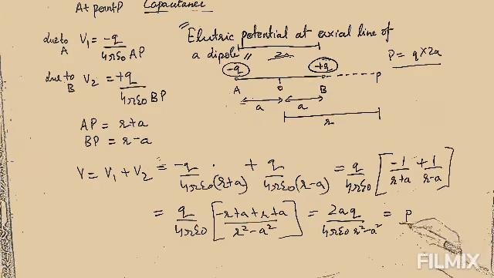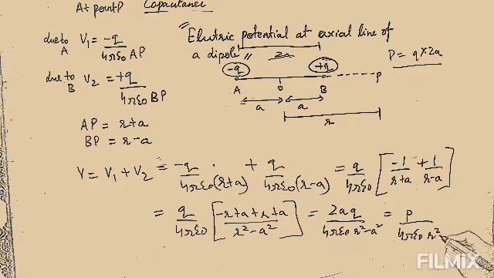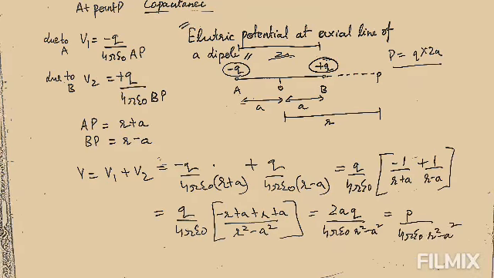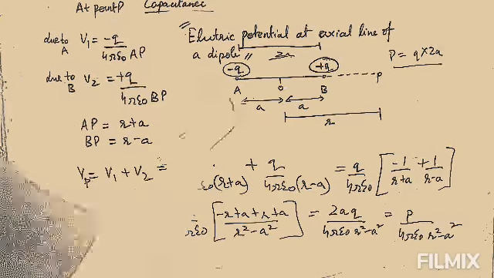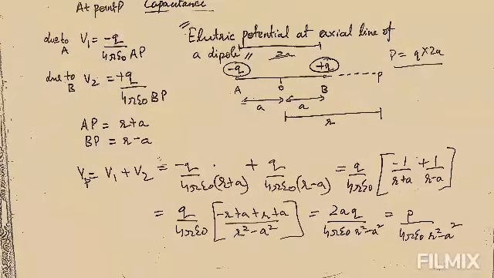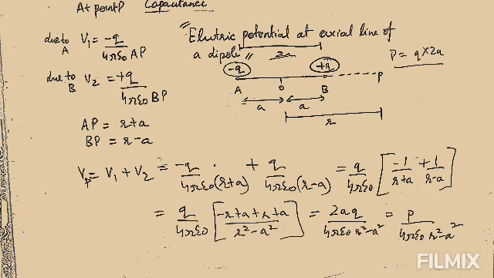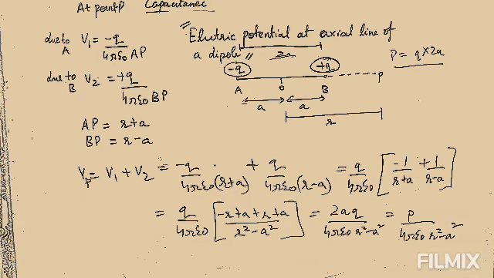So we take it as p upon 4 pi epsilon naught (r square minus a square). This is the potential at point P, which is on the axial line. So at point P, this will be the potential value, where p, the dipole moment, is equal to 2a times Q.